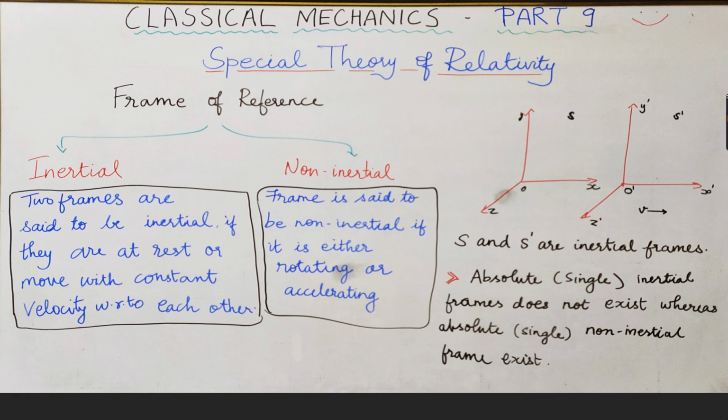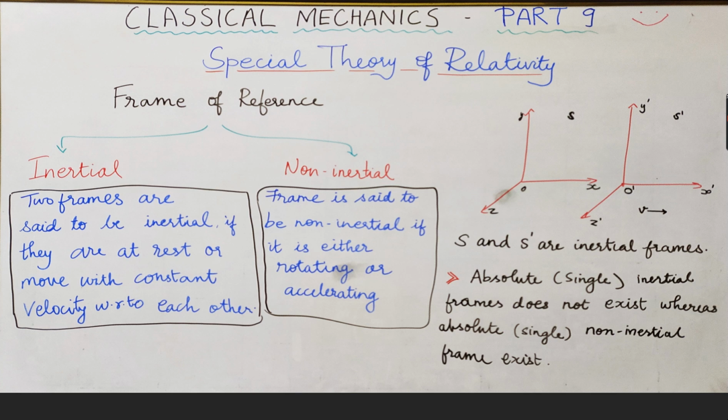So in here, these two frames are inertial frames which move with a constant velocity with respect to each other. And now, if you say that the frame of reference is inertial, then you'll have two frames.